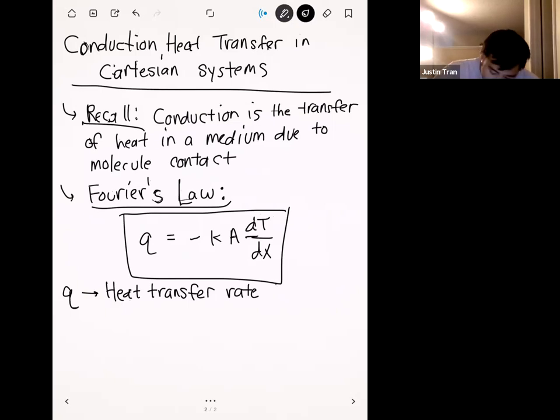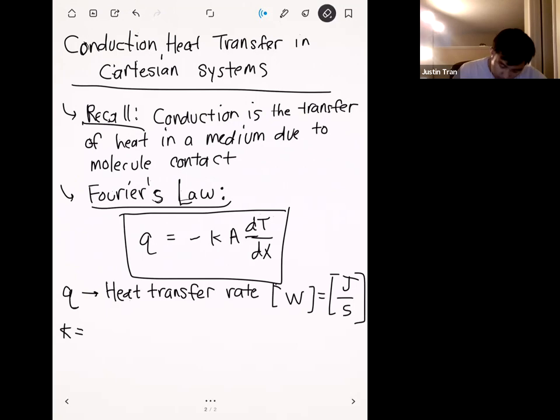The units for heat transfer rate are watts. If you remember from thermodynamics, watts is the unit of power, and it's defined as joules per second.